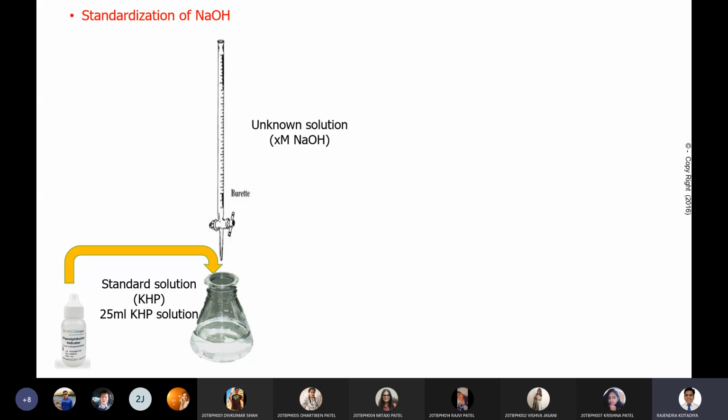So every drop of NaOH, what will happen? Yes, when you add drop by drop NaOH from the burette to the conical flask containing acid KHP solution, what will happen to it? It will start neutralizing.